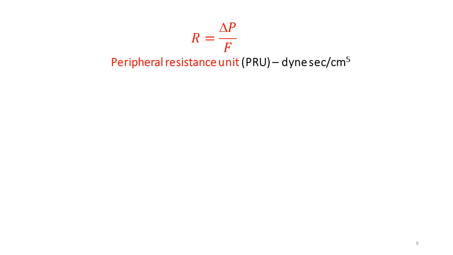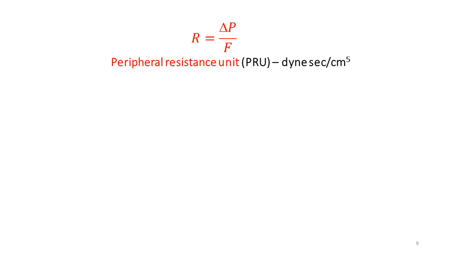For example, if the pulmonary arterial and vein pressure difference was about 14 millimeters of mercury and the cardiac output, or flow, was 100 milliliters per second, the pulmonary vascular resistance, or partial vascular resistance for the pulmonary part, would be 0.14 PRU. So we can find R as resistance for each part in our body.